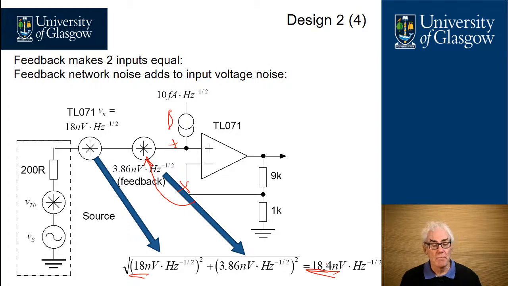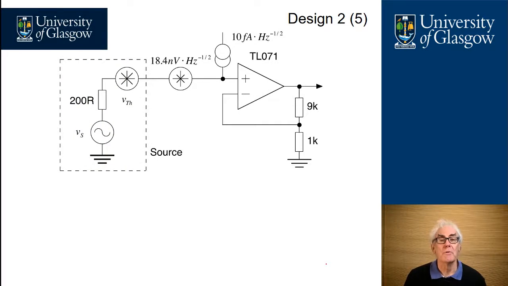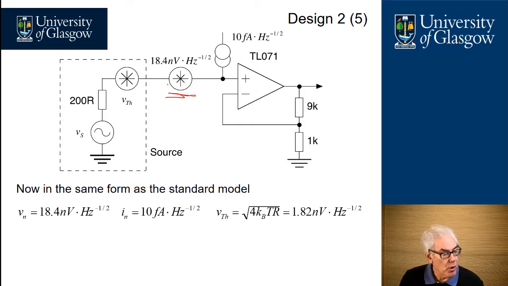So we have a lumped component at the input equivalent of 18.4 nanovolts per root hertz, which we've transferred across onto this side here. We can work out the Thevenin resistance here, which is due to the 200 ohm source resistance, and that gives us 1.82 nanovolts per root hertz.